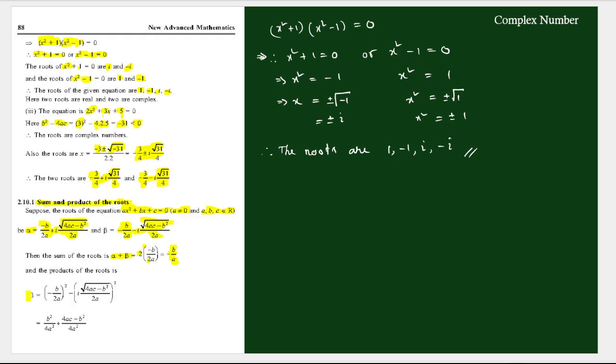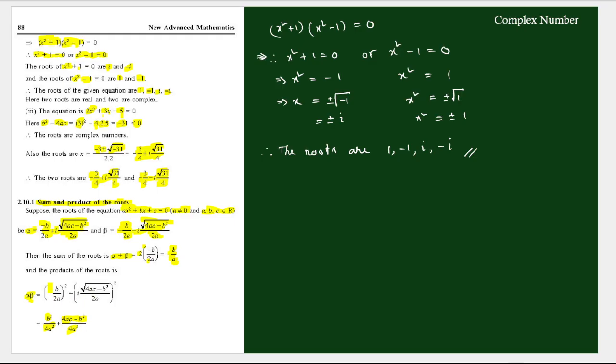Now the product alpha into beta: multiply a plus b, a minus b, so a square minus b square. So b square by 4a square, minus minus becomes plus, the root goes away, 4ac minus b square then becomes over 4a square.